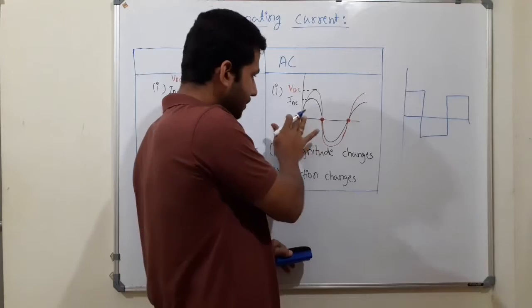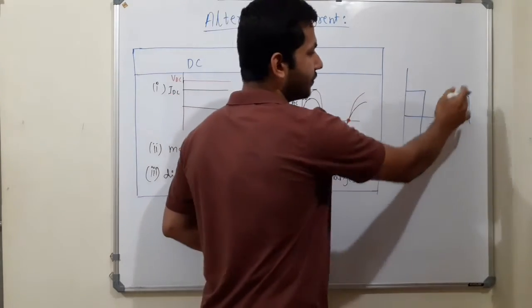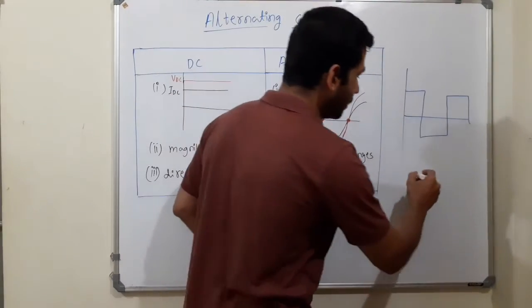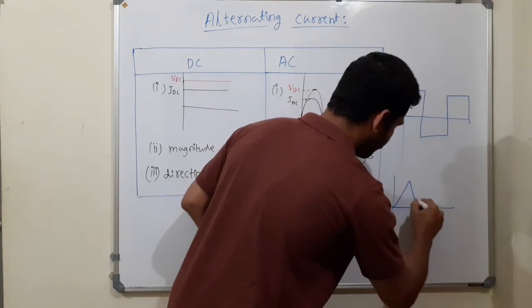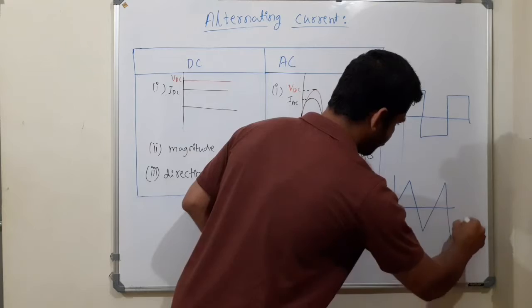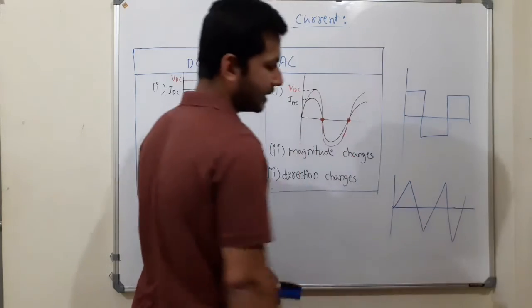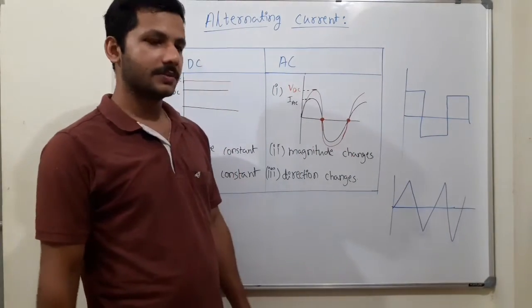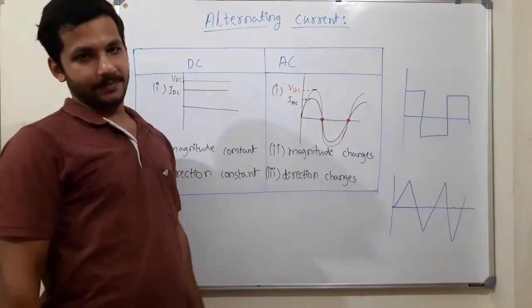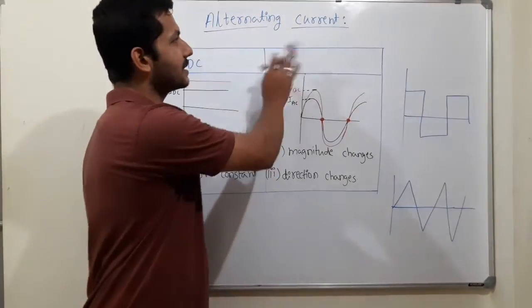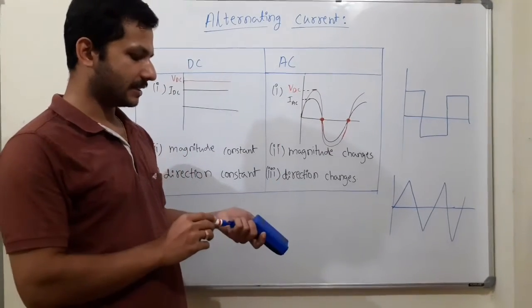Either it can be in the form of a wave, or in the form of a square, or like this also it can be shown. Whereas DC will always be a straight line. So these are a few differences between alternating current and direct current.